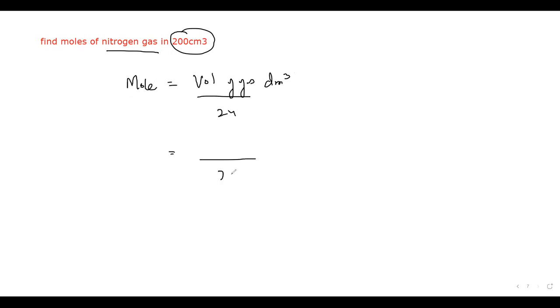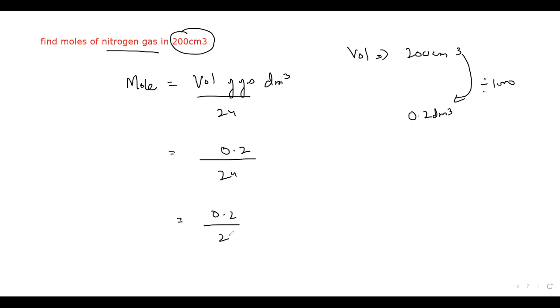So here 24 is fixed, but the volume in this question is given as 200 cm cube. So we have to convert into dm cube. We divide by 1000, so it will be 0.2 decimeter cube. And 0.2 divided by 24. What's the answer for 0.2 divided by 24? 0.008. So 0.008 moles will be there for this gas.